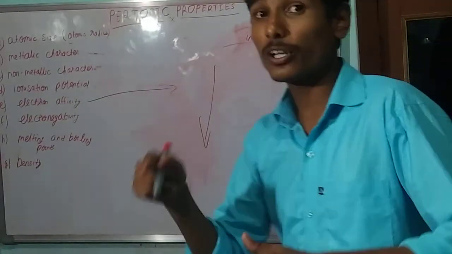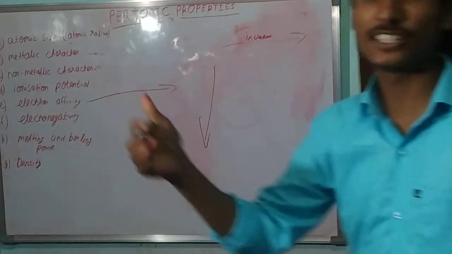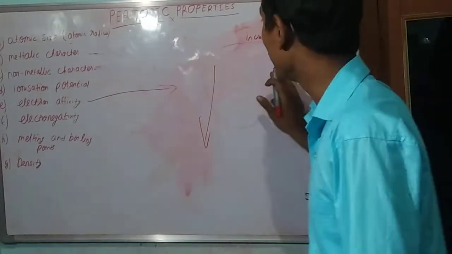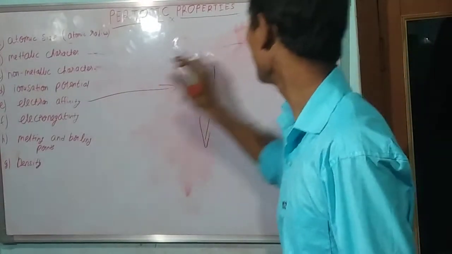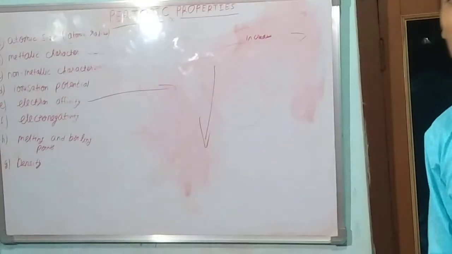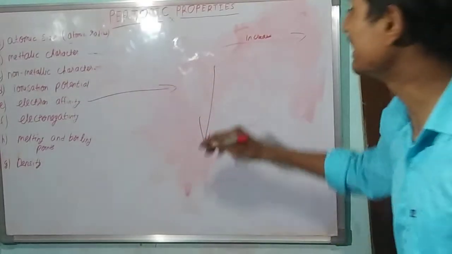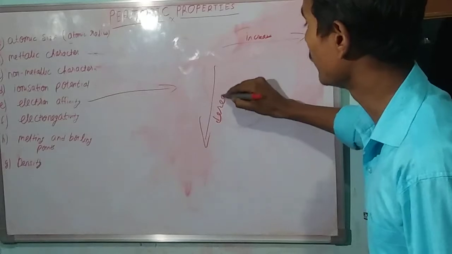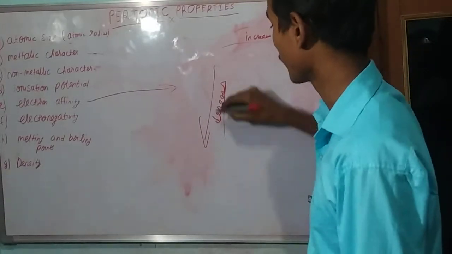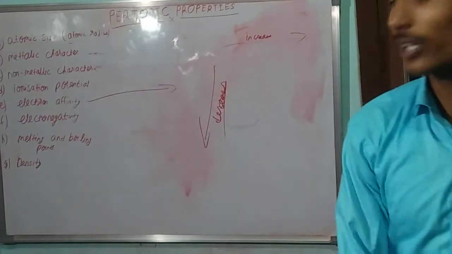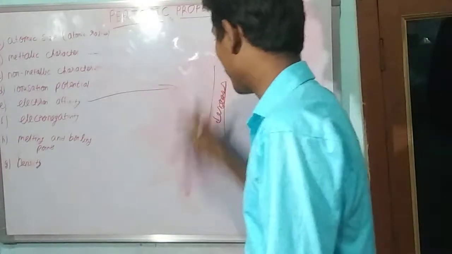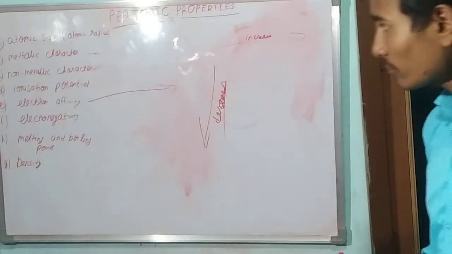So if we add one electron, a large amount of energy is released. Across the period electron affinity increases, and down the group electron affinity decreases.